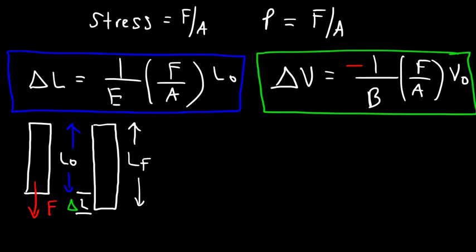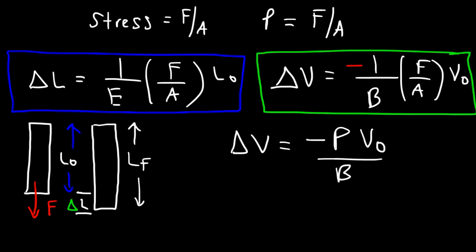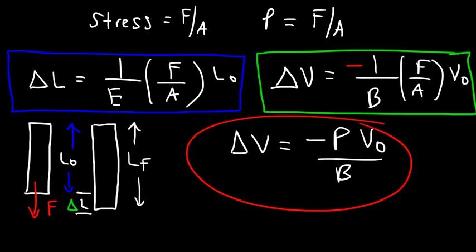Let's say if you want to stretch a rod, force over area is stress, but it's also pressure. So what we can do is replace F over A with P, since force over area is pressure. So the change in volume is negative times the pressure times the original volume divided by the bulk modulus. So this equation is helpful to calculate the change in volume when you place an object in the fluid.